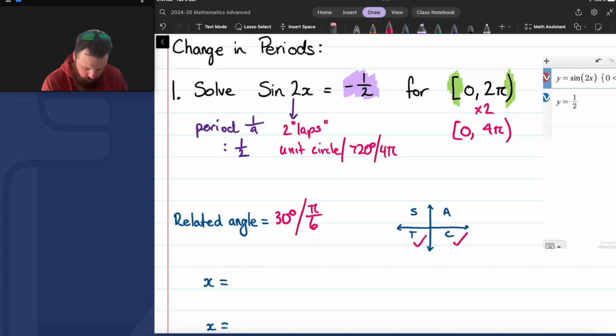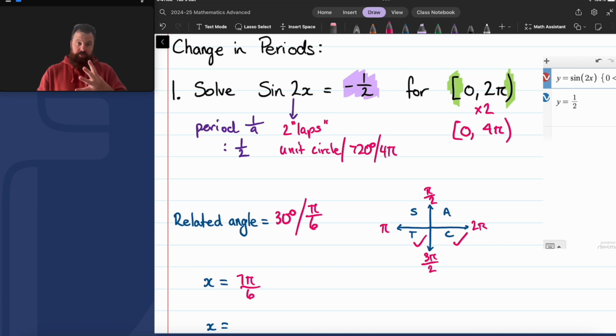And remembering that 180 degrees is pi, 90 degrees was pi on 2, 270 degrees was 3 pi on 2, and 360 was 2 pi. So if I'm doing theta plus 180 degrees, that's theta plus pi. So my first answer here is 7 pi on 6.